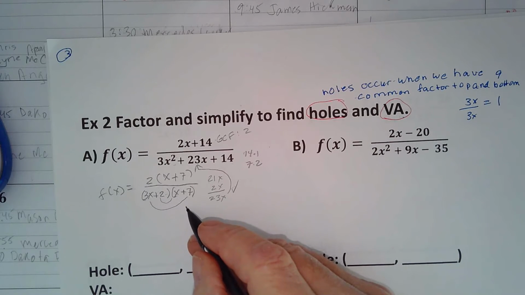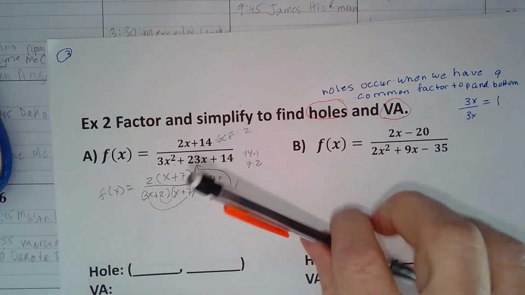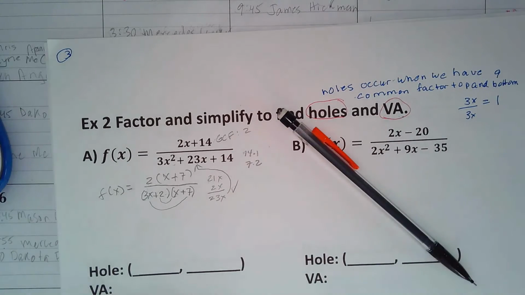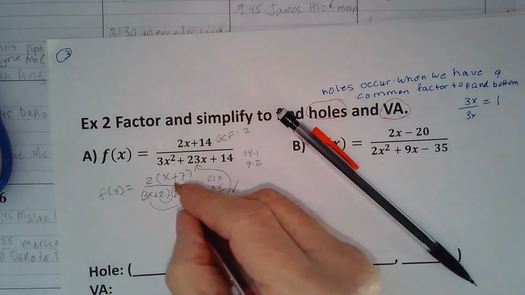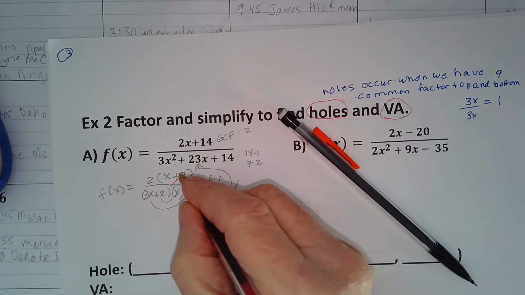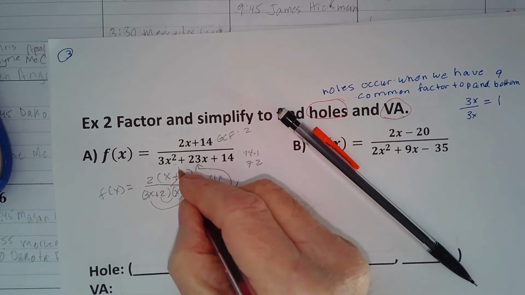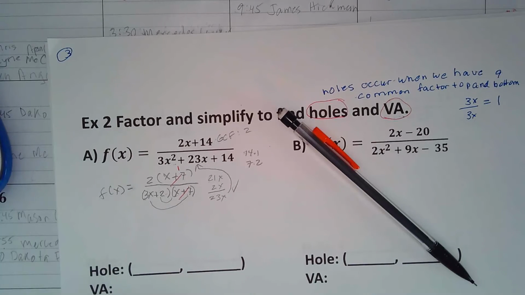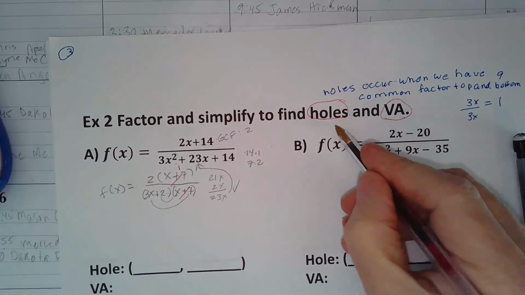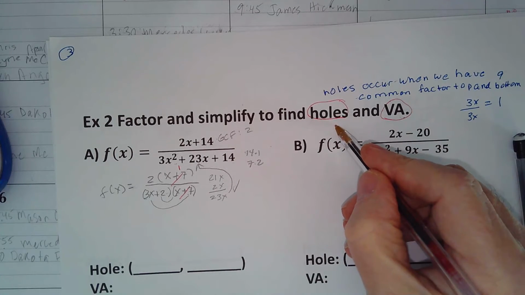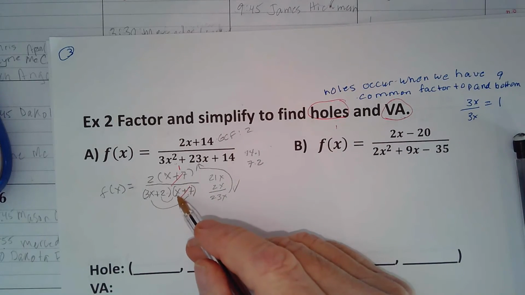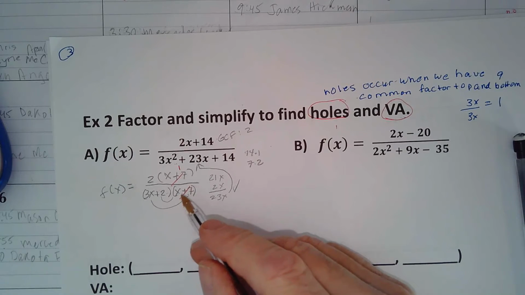All right. So now, here's the thing. You've got in the numerator and the denominator an x plus 7. And so that reduces to 1. That is what you call a hole. Okay? So because it's a hole, what you're going to do is you're going to leave it out.